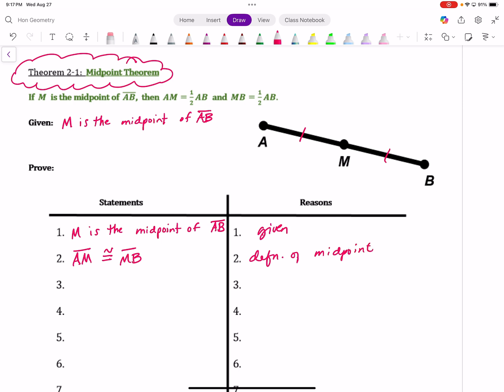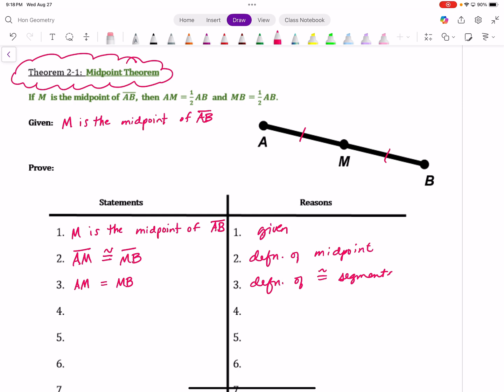A midpoint is a point that divides a segment into two congruent segments. Okay? Now, if I know those two segments are congruent, then I know that their lengths are the same because this is the definition of congruent segments.